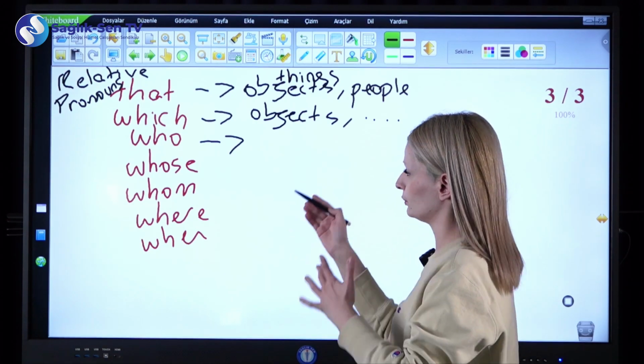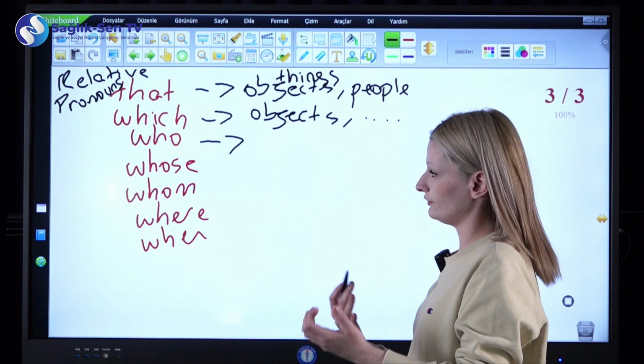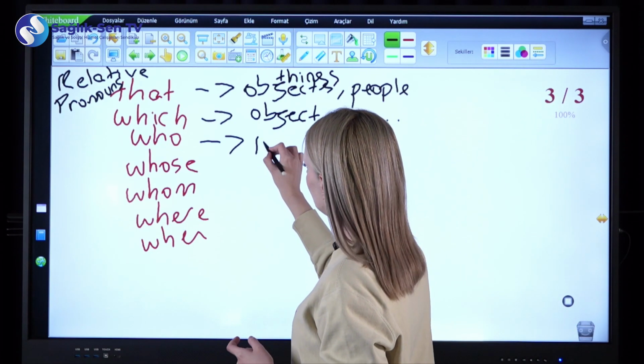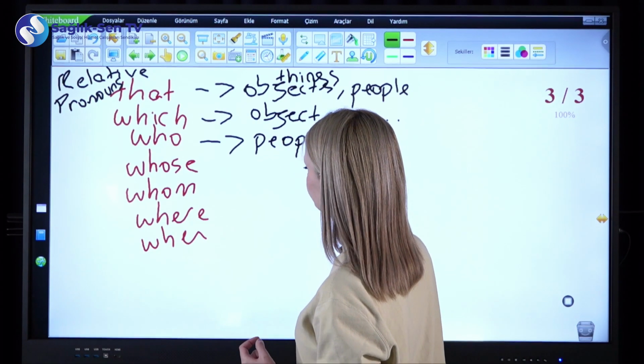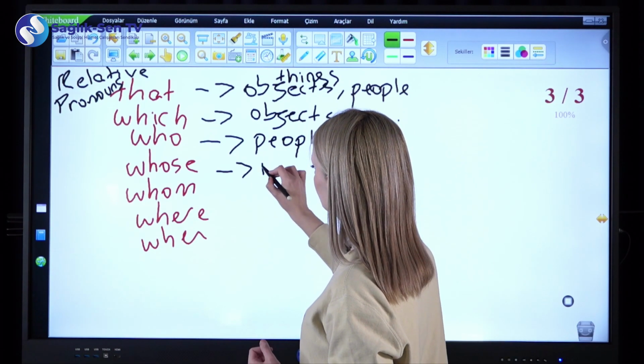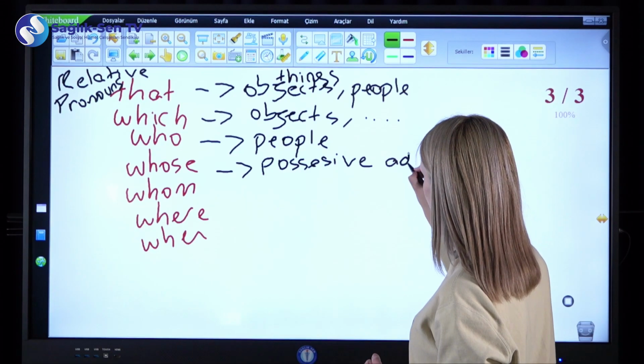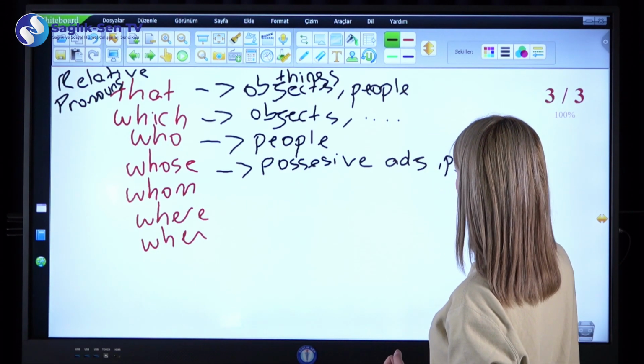We use who to define or shorten the sentences about people. Whose is for possessive adjectives or pronouns.